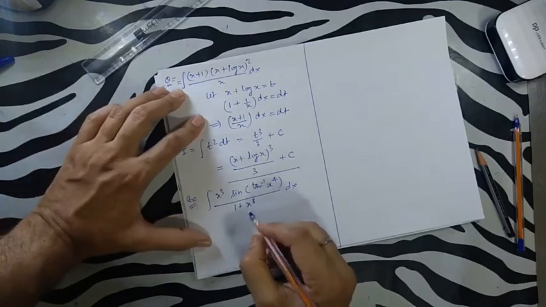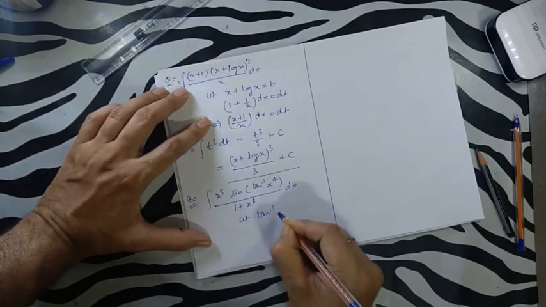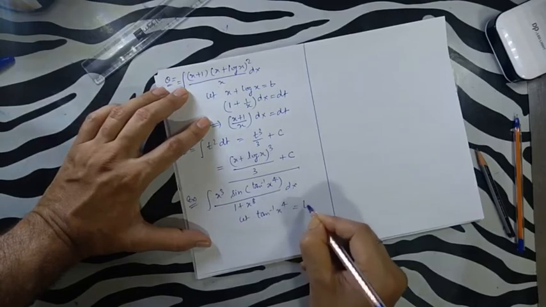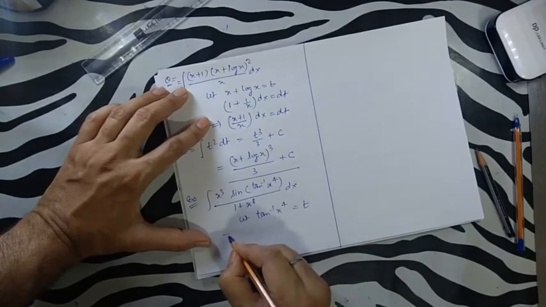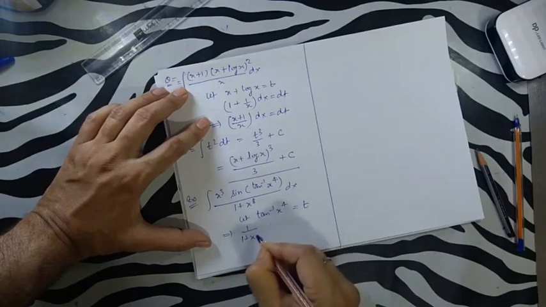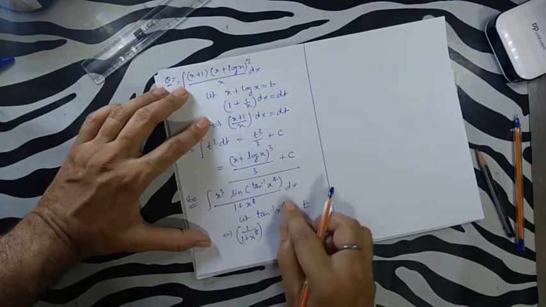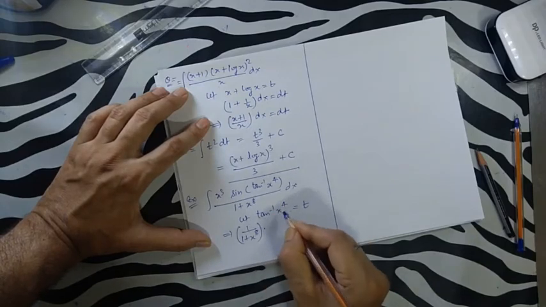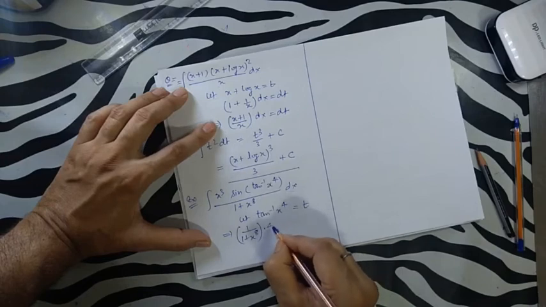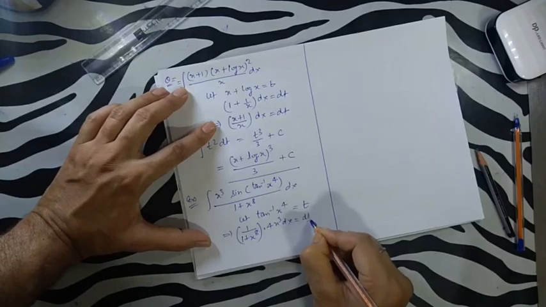So here we'll consider, let tan inverse x raised to power 4 is equal to t. It implies that 1 upon 1 plus x raised to power 8, using the formula x raised to power 4 into differentiation of x raised to power 4, that is 4x cube dx is equal to dt.